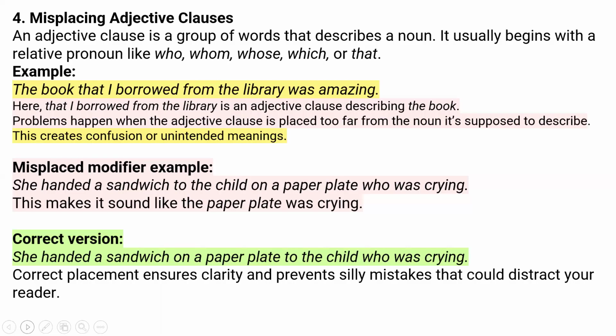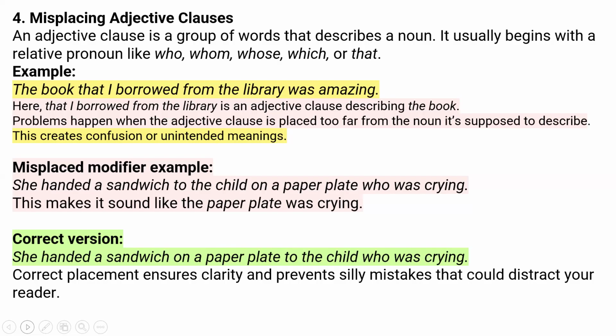Misplacing adjective clauses. An adjective clause is a group of words that describes a noun. It usually begins with a relative pronoun like who, whom, whose, which, or that. So: the book that I borrowed from the library was amazing. In this case, that I borrowed from the library is an adjective clause which is describing the book. Problems happen when the adjective clause is placed too far from the noun it is supposed to describe.